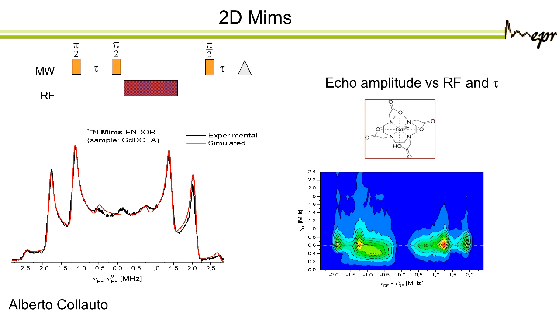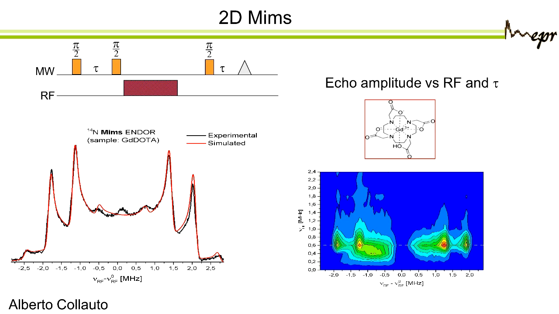He measured it at several taus, and when you look, you don't really know: is it the quadrupole, is it the hyperfine? You see this nice powder pattern, and what are these little things in the middle? So he did a 2D Mims.